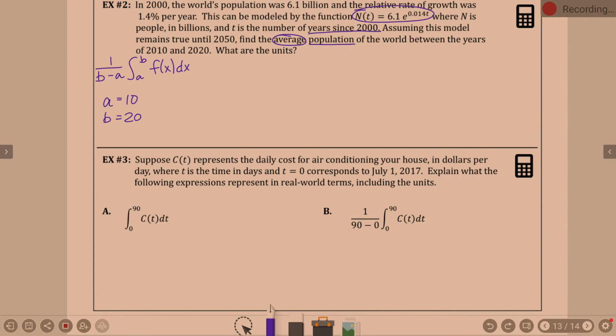So set it up. 1 over 20 minus 10 times the integral from 10 to 20 of 6.1 e to the 0.014t dt.